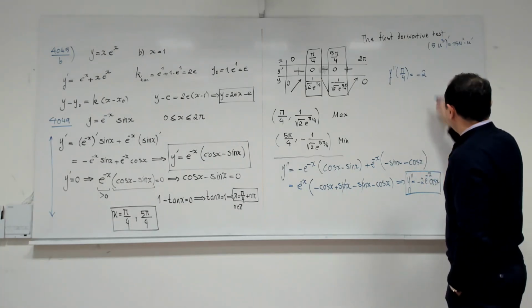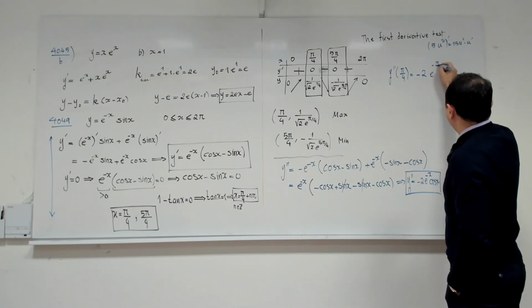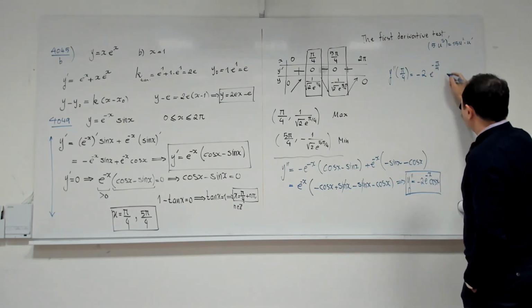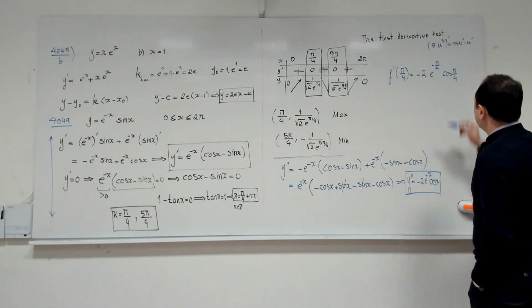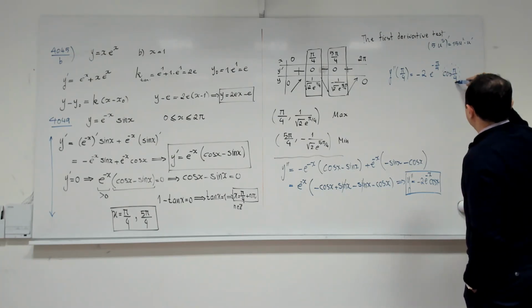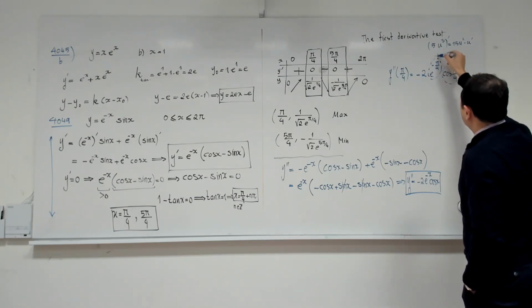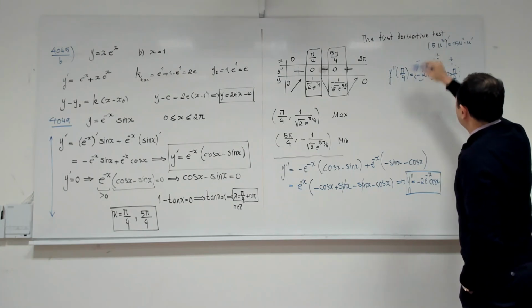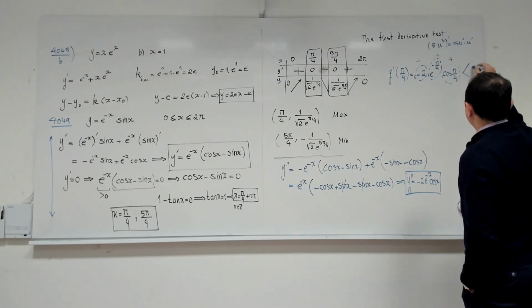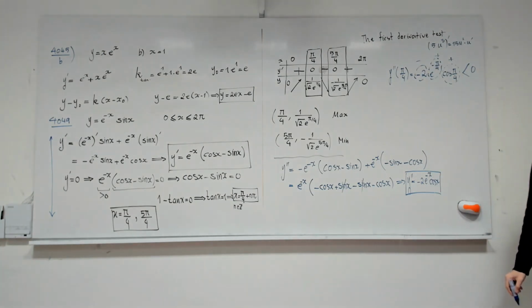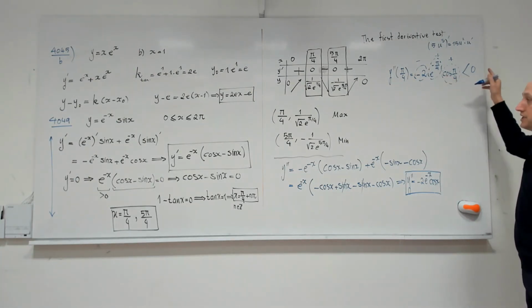And then I have e to the power of minus pi over 4, and then I have cosine pi over 4. So is it positive or negative? This is definitely positive because it is in the first quadrant. Exponential function is positive, and this one is negative. So then it is clear that this is negative. So the y double prime of pi over 4 is negative.